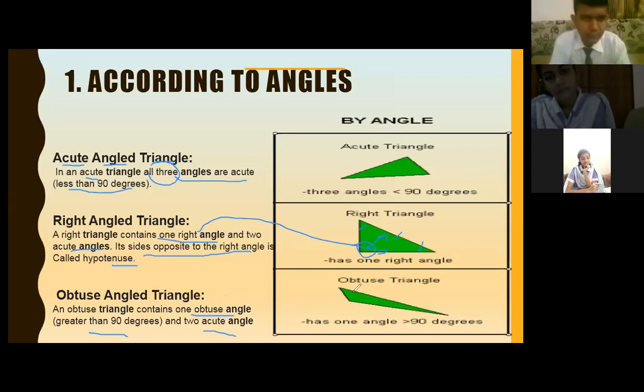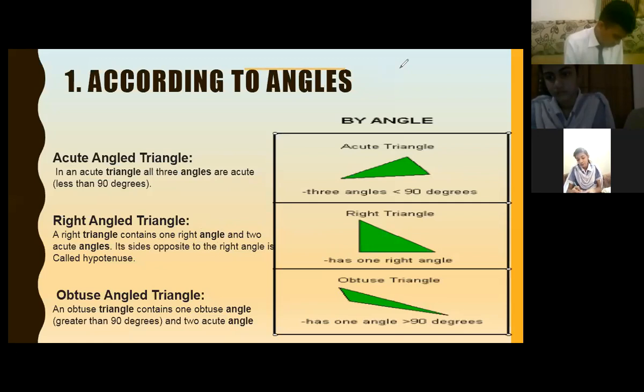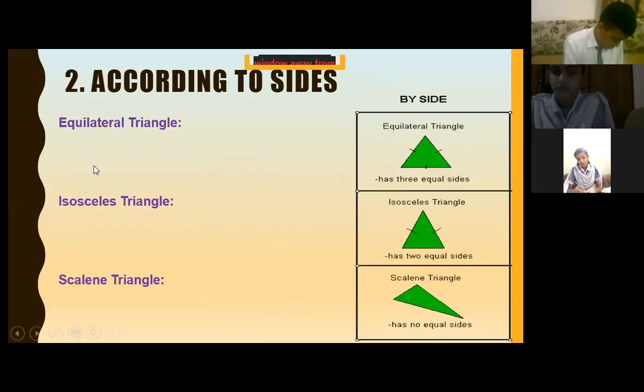So here this is greater than 90 degree and these two are acute angles. ठीक? An obtuse angle triangle contains one obtuse, two acute. In right angle, one right angle and two acute angles. You can also note down these important points in your notebook as well, right? So this is about according to the angles.